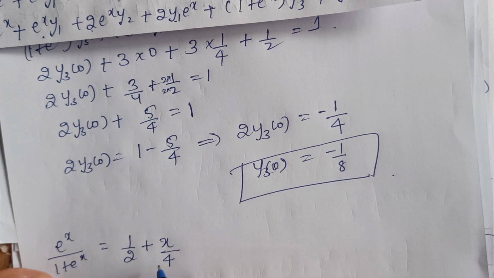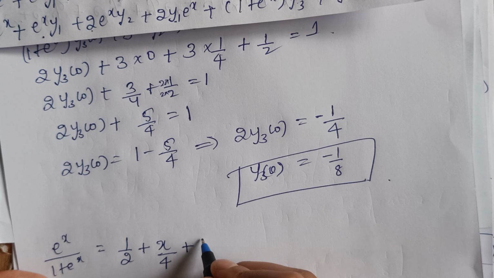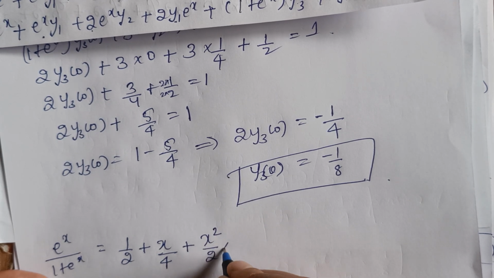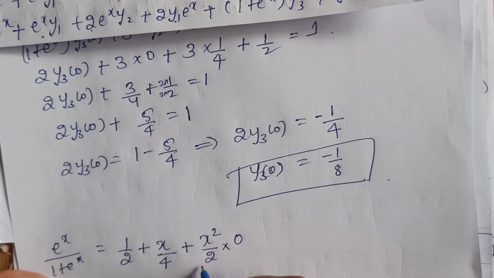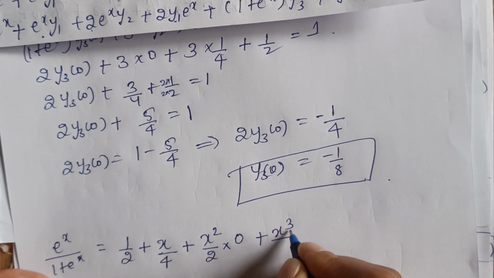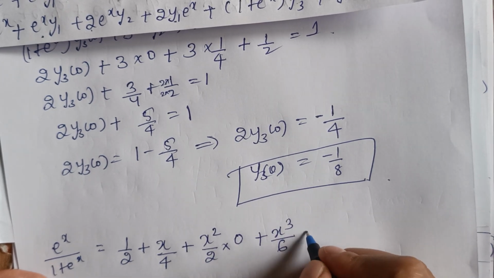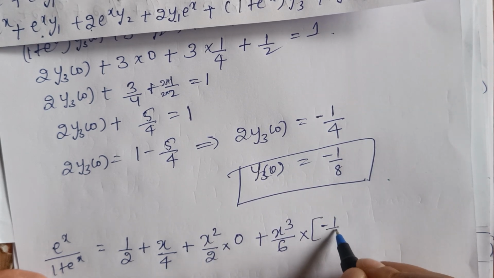So it is going to be x by 4 plus x square by 2 factorial, which is 2, into y2 of 0. y2 of 0 is 0, so this term is going to become 0, plus x cube by 3 factorial, which is 6, into y3 of 0. y3 of 0 is minus 1 by 8.